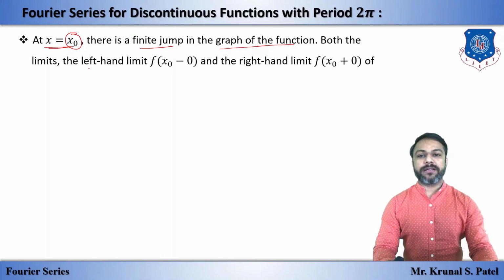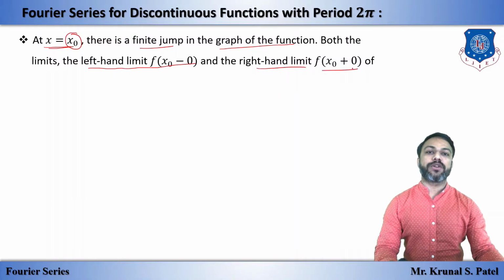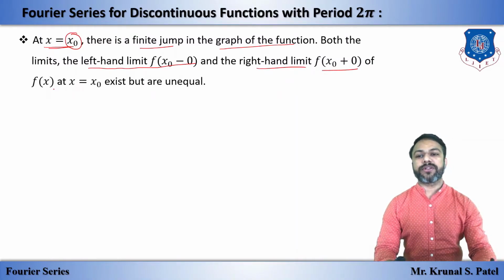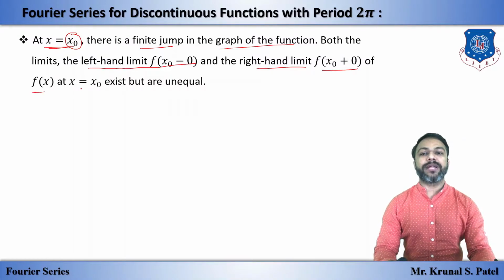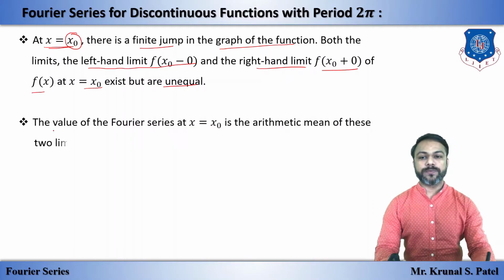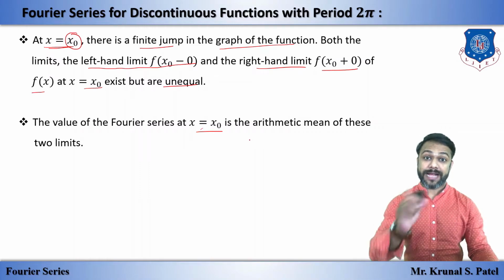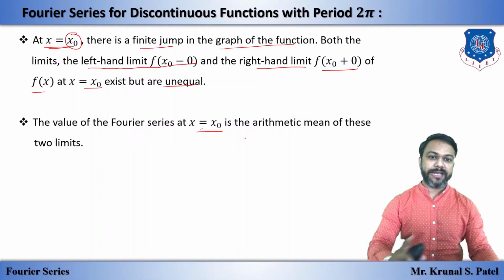Both the left hand limit f of x0 minus 0 and the right hand limit f of x0 plus 0 of the function f of x at point x0 exist but are not equal, because at x0 the function has a discontinuity. So the value of the Fourier series at x equal to x0, after getting the Fourier series, comes at the end of the example.